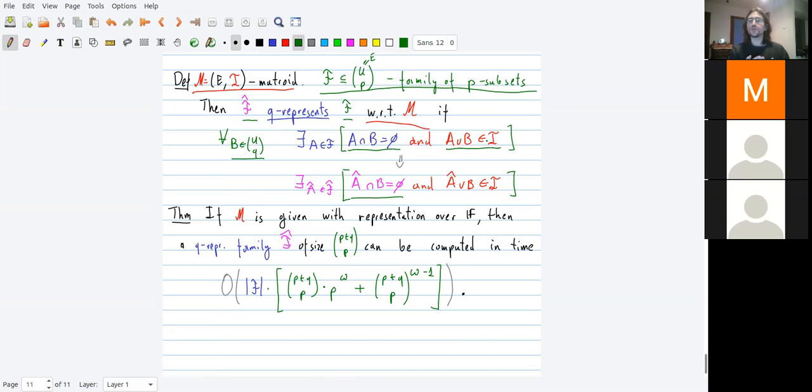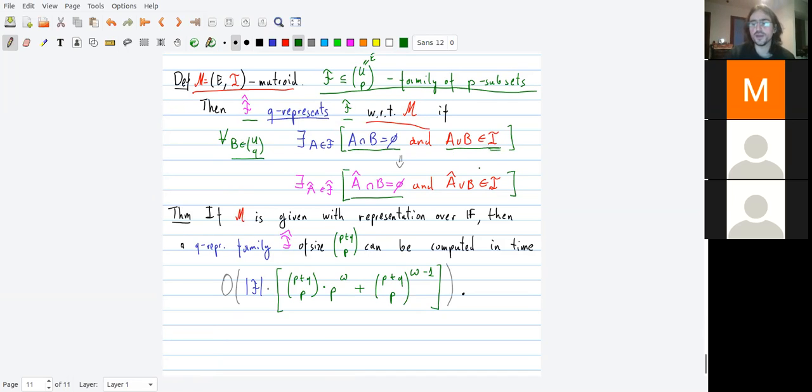So for instance, if we are working in a graphic matroid, I could imagine that I've got a subset of p edges, a subset of q edges, and together they must be disjoint, and in combination there must be acyclic. And this would be governed by a graphic matroid here.